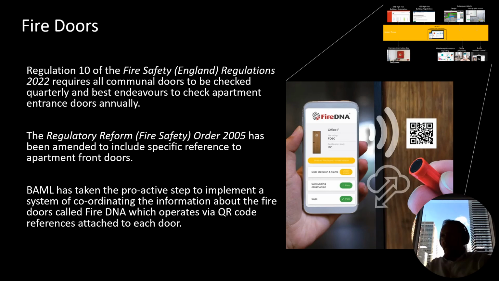This allows us to keep a full track of all works that are subsequently done to that door, so we have a live display of its compliance at any one time. And if something happens to that door, like it needs to be replaced or repaired, then we can see which approved repair techniques are associated to that door, or what are the underlying parameters that the door needs to comply with.